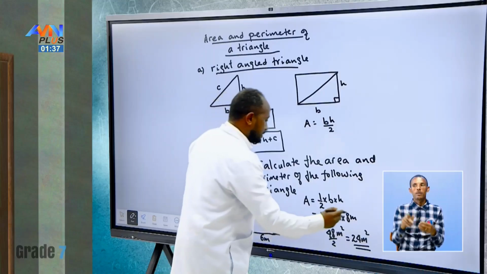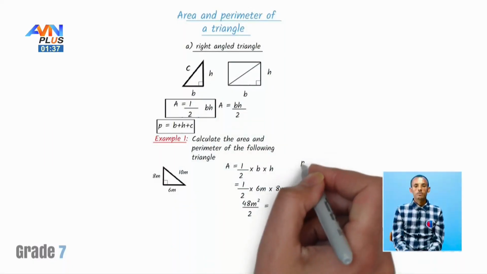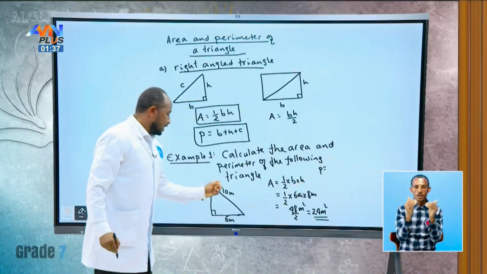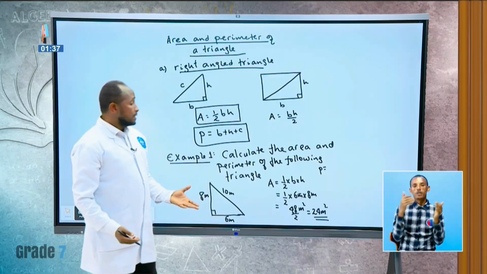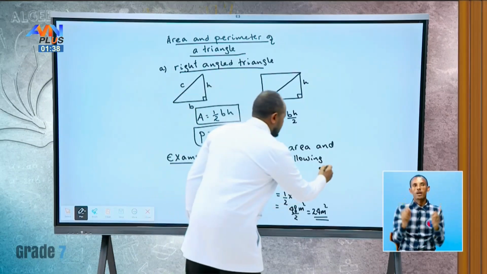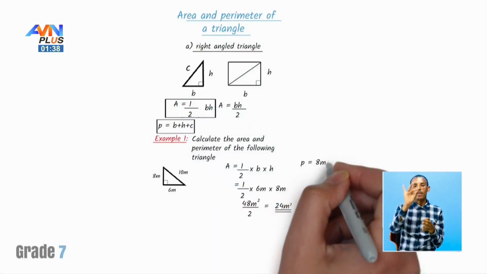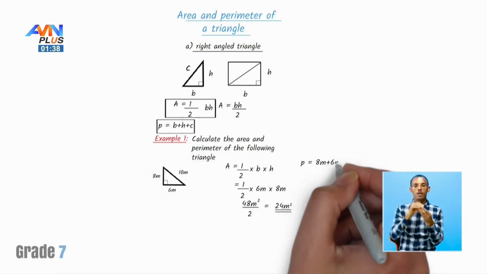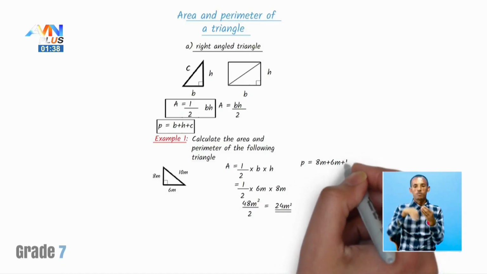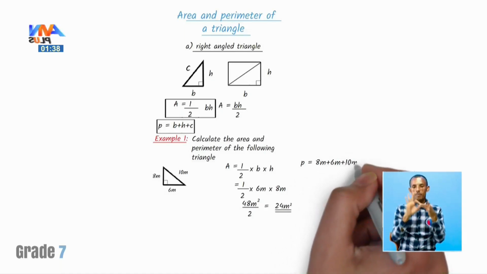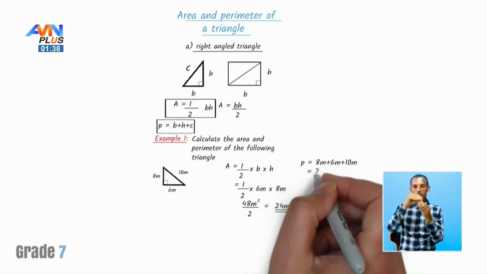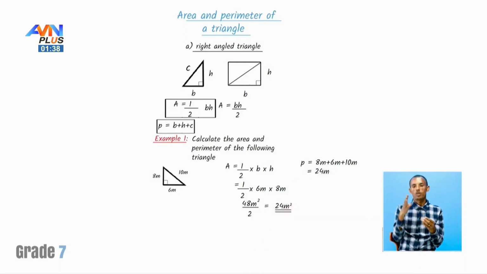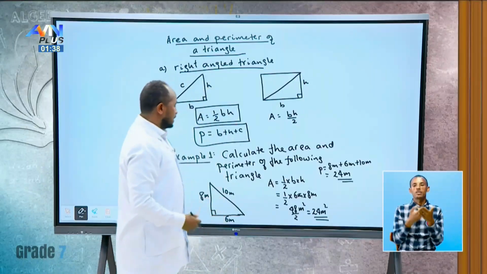The perimeter will be equal to, simply you add each side of this triangle. Therefore, this will be 8 meter plus 6 meter plus 10 meter. 8 plus 6 is 14, plus 10 is 24 meter. That's it. So this is the answer.